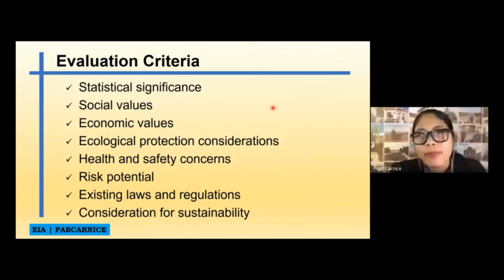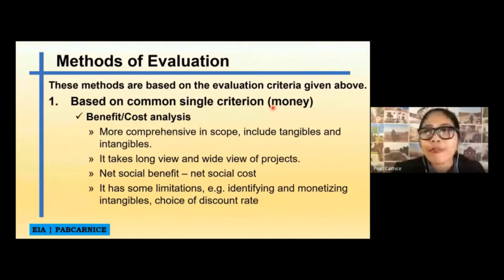And then, of course, we have methods of evaluation. We actually have two types. The first one is based on a common single criterion, which is money, so we could have benefit cost analysis.